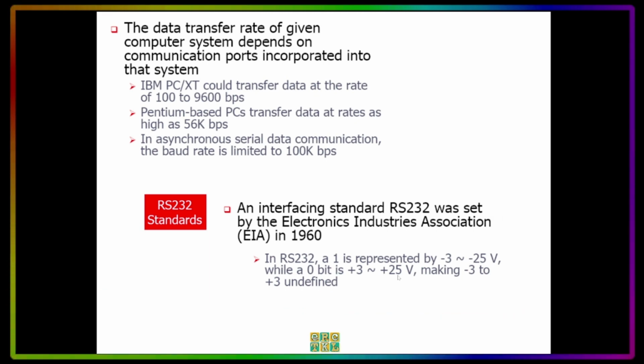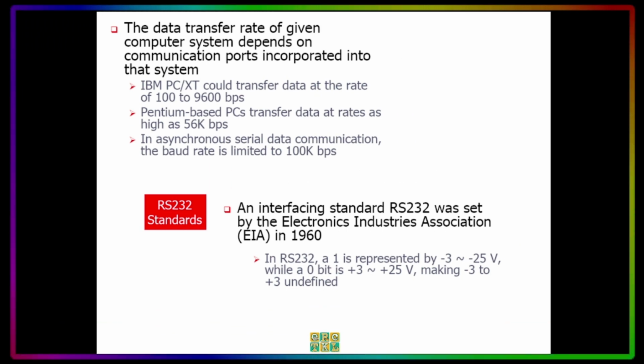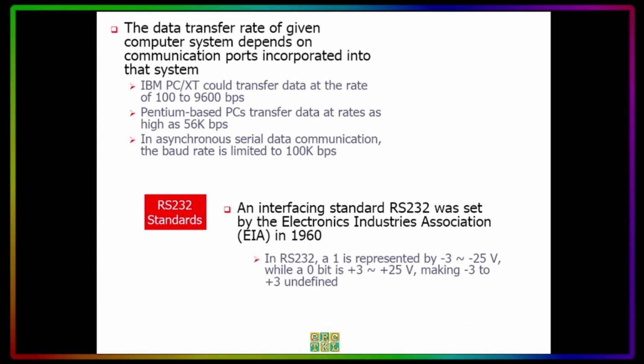In other words, whenever we have a digital 1, we are using -3 to -25 volts. And when we have a digital 0, we are actually using +3 volts up to +25 volts. So it makes the -3 to +3 undefined.